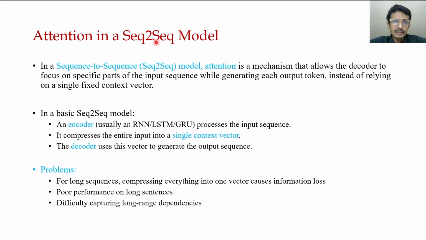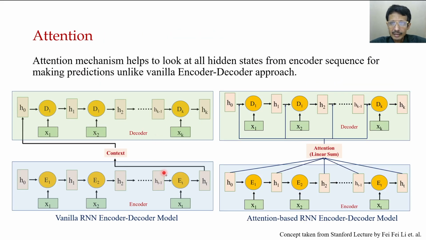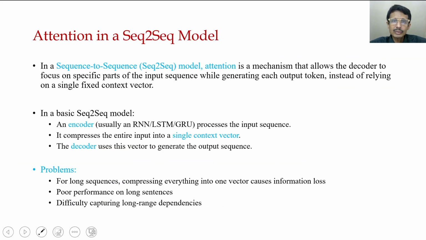Now when we put attention in a sequence to sequence model, as we have seen in our previous diagram, attention provides a mechanism that allows the decoder to focus on a specific part of the input sequence, rather than the entire input sequence.